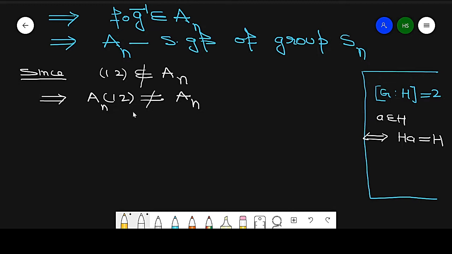So this is one group and this is a second subgroup. So both are distinct.